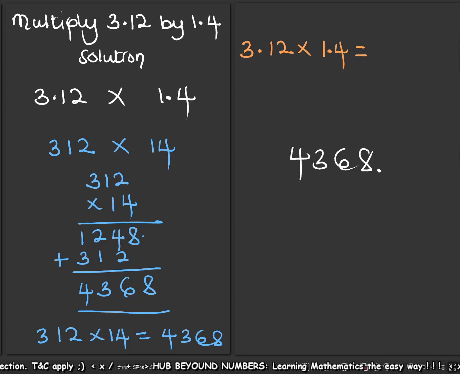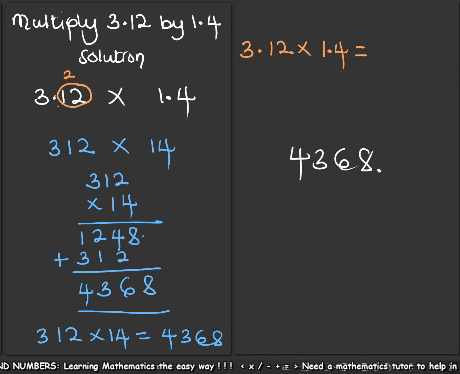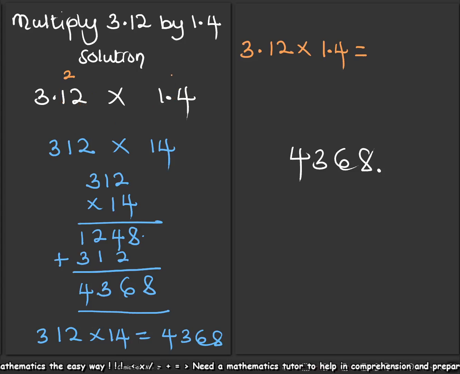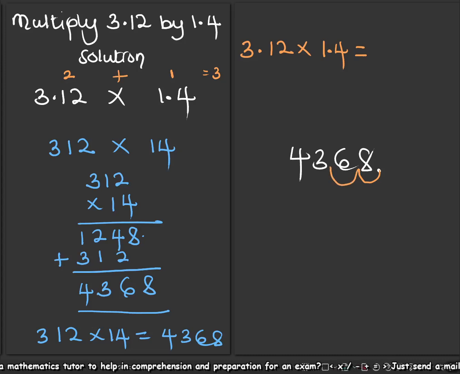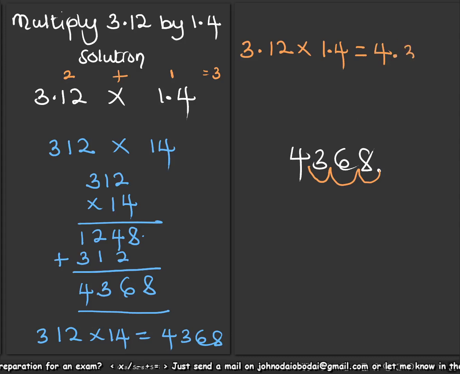How many times? For the 3.12 here, it has 2 digits at the fraction side. And then for 1.4, it has just a digit. And then 2 plus 1 gives us what? 3. So we are going to move how many times? 3 times. So 1, 2, and 3. So that the decimal point now comes to be between your 4 and then your 3. So that it becomes 4.368. And that there is our final answer.